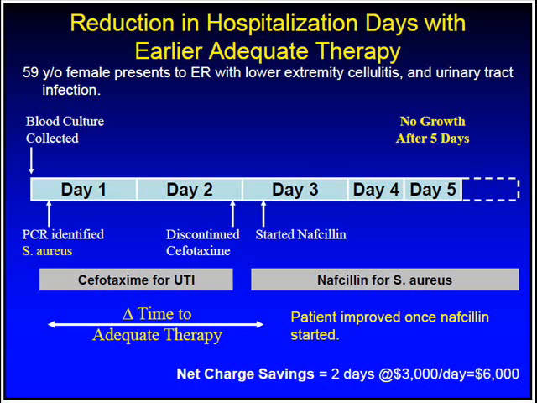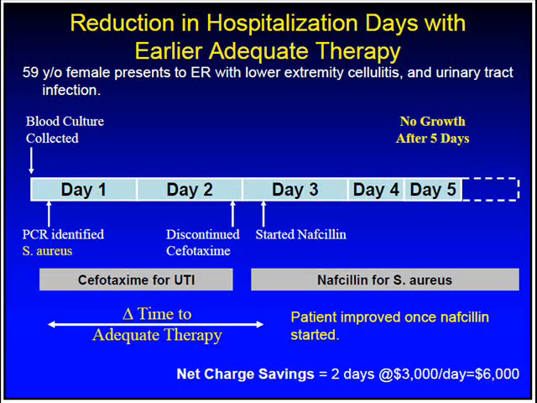This next case illustrates the potential reduction in hospitalization days with earlier targeted treatment. This is a 59-year-old female who presents to the emergency room with lower extremity cellulitis, which progressively worsened over the past few days. Blood culture and PCR was collected on day 1.